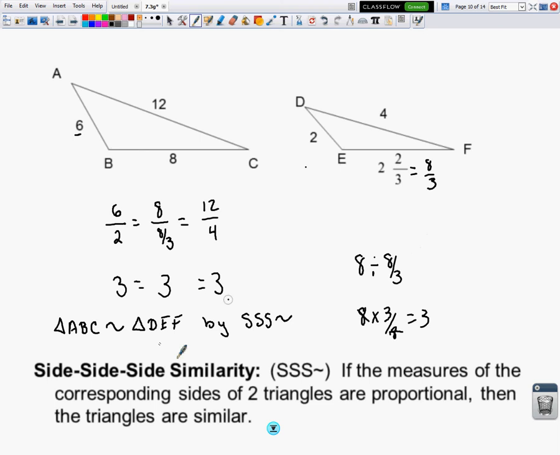By the way, once I know that these 2 triangles are similar, what can you tell me about angle A and angle D? They're congruent. Angle B would be the same as angle E, angle C would be the same as angle F. Because if 2 triangles are similar, then their angles have to be equal.